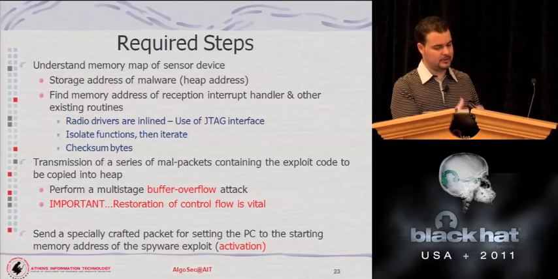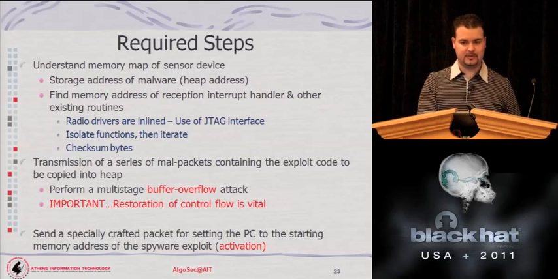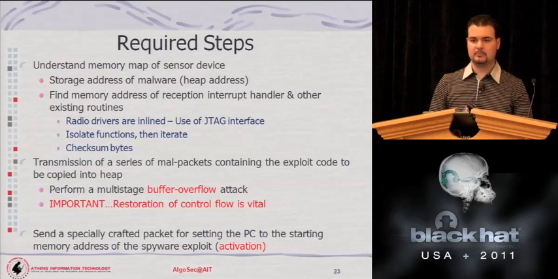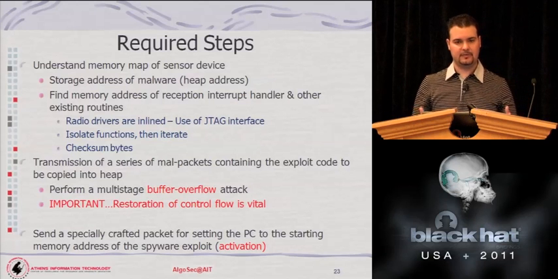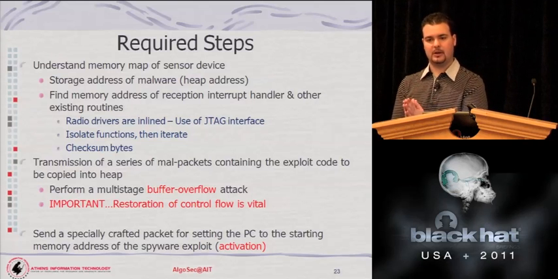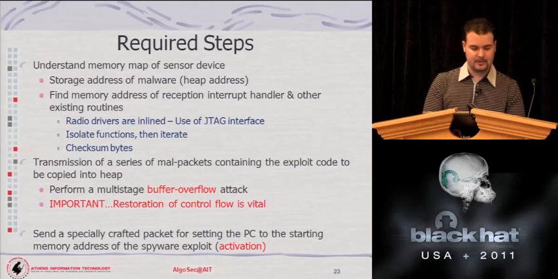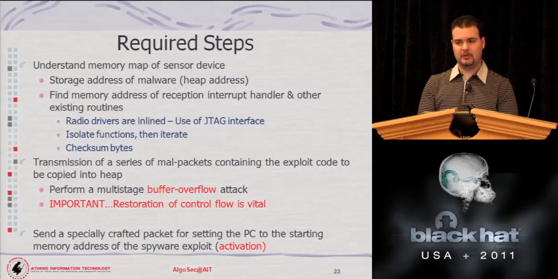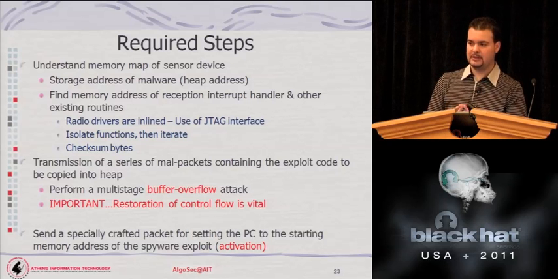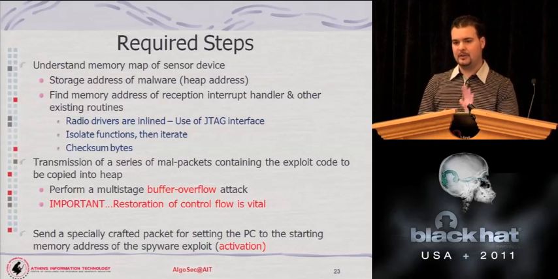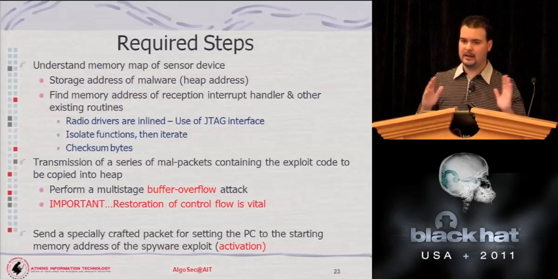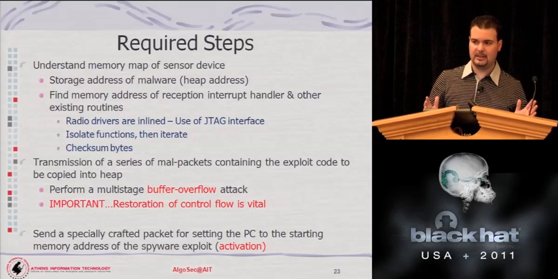Now, continuing, we transmit a series of malicious packets containing the exploit code, as many as necessary for sending your whole attack code in the host sensor. We perform a multi-stage buffer overflow attack. What this means is that when you send the packet, you have the unprotected buffer or any other kind of memory-related vulnerability.